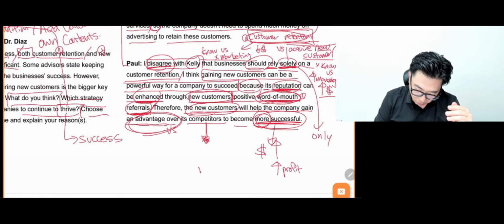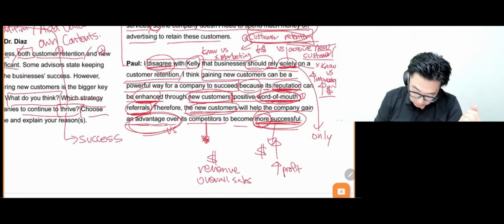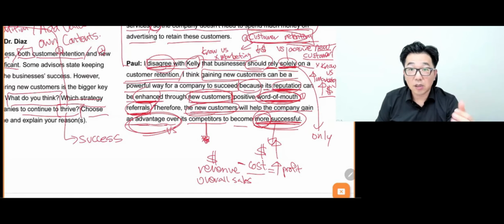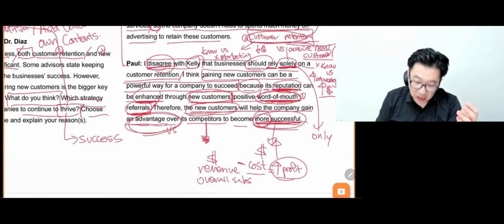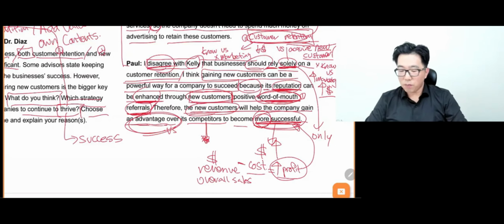As I said, revenue, overall sales, all the money you earn from sales minus what you spend to run the business, investment, spending, whatever. So more successful simply means companies making more money, making more profit.